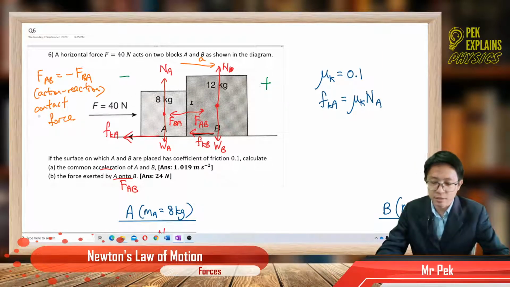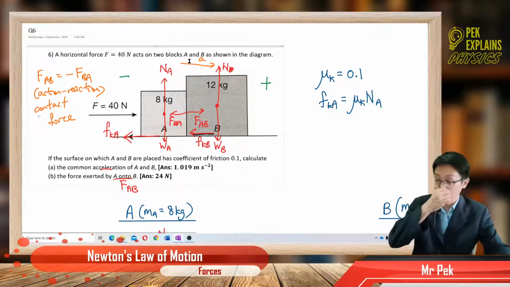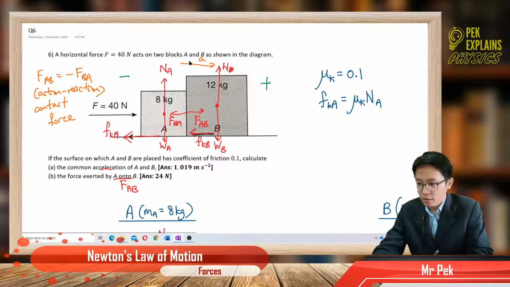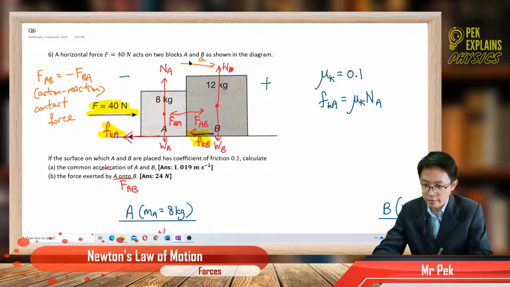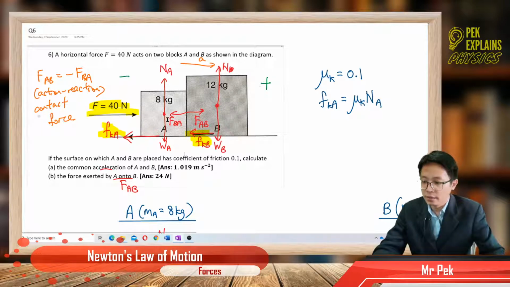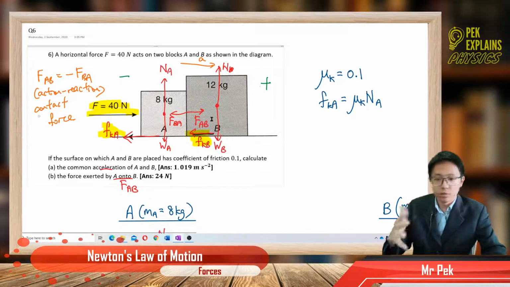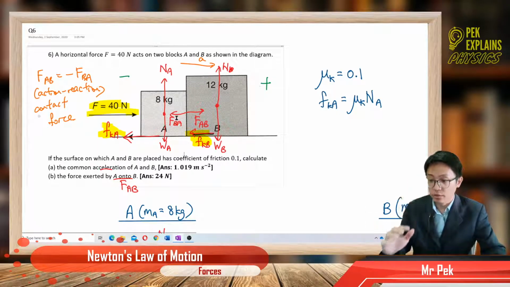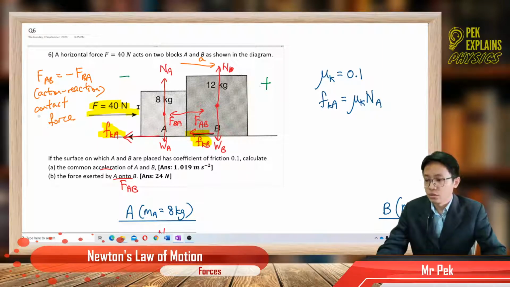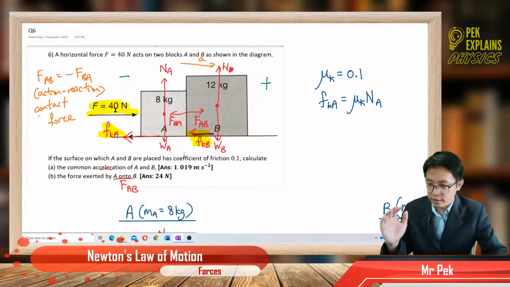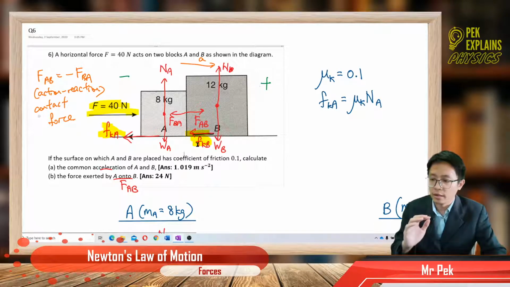What are the forces in the x component which contribute to the acceleration? We have the external force F, and also we have the friction here. This contact force FBA and FAB, they cancel each other, so no more. So can be disregarded. So only the external force, friction for A and friction for B. Which one is positive?